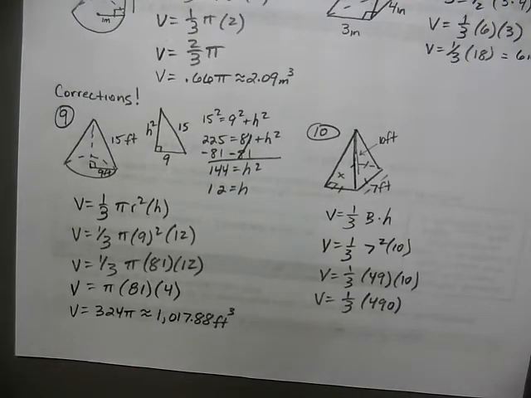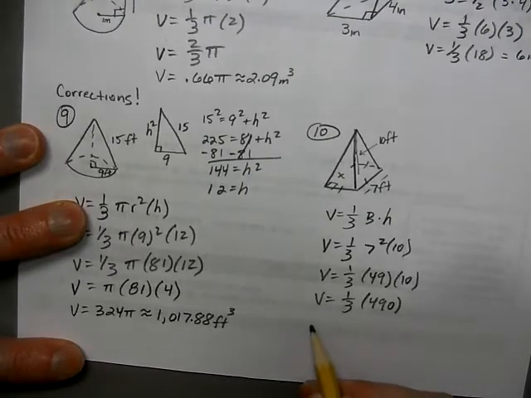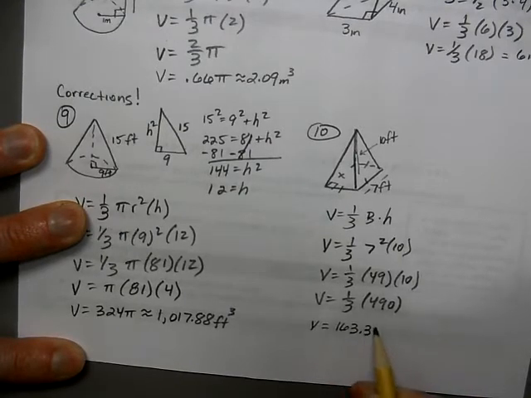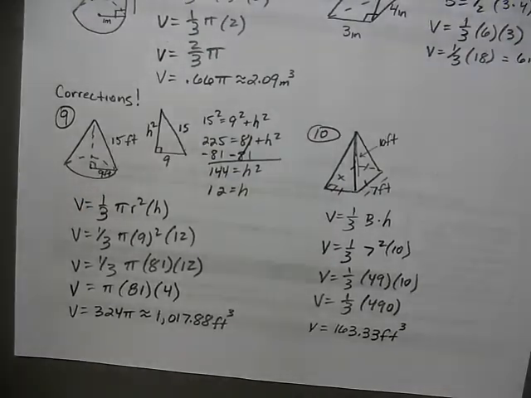And when we take that, we take the 490 divided by the 3, or multiplied by the 1/3. And that's going to be feet cubed. You got to have the units correct.